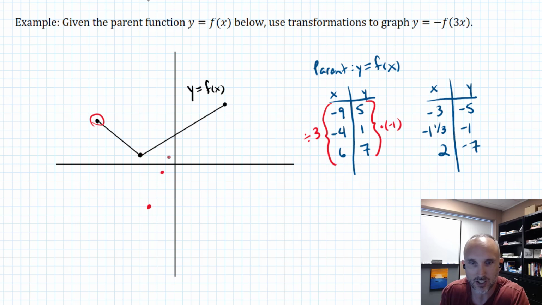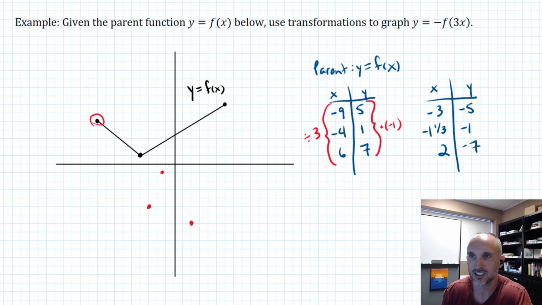That's this point, compressed towards the y-axis and flipped over the x-axis. Our last point is 2, -7. So that's this point compressed towards the y-axis and then flipped over the x-axis.